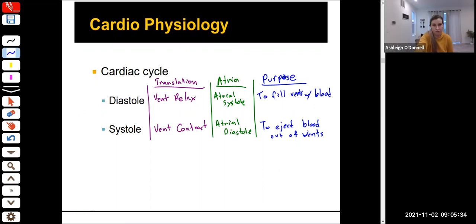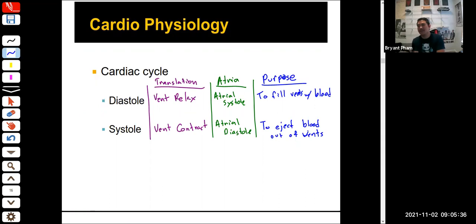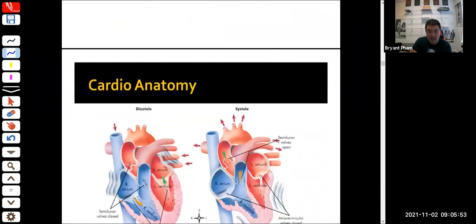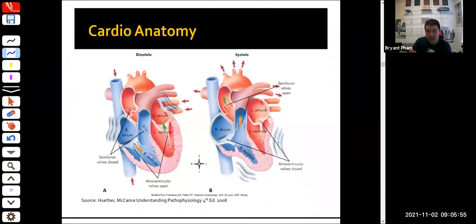Semilunar. Yeah, very good. Okay. Draw it out a couple of times. Draw that simplified drawing I showed you guys. Draw it in diastole. Draw it in systole. You'll see these valves. Okay. Very good. Ta-da.